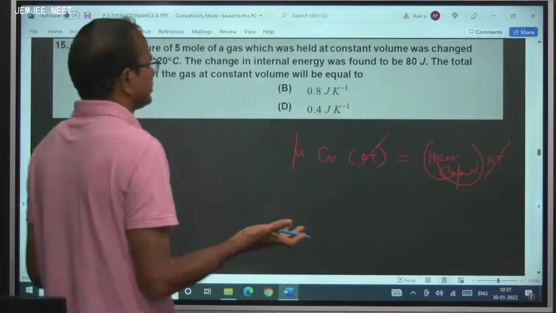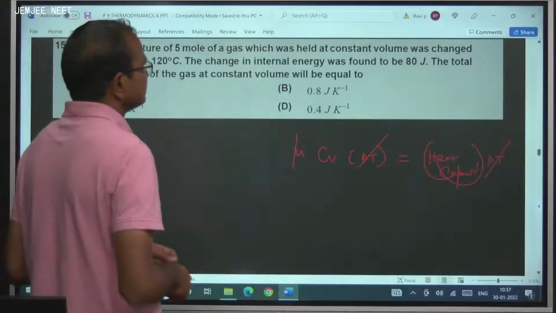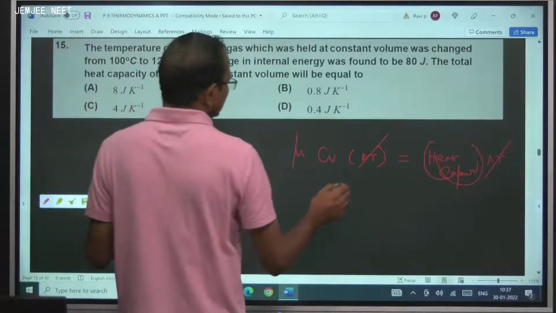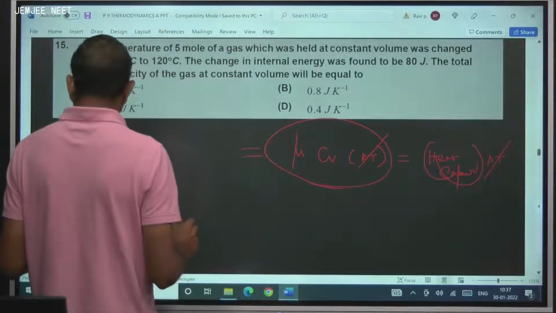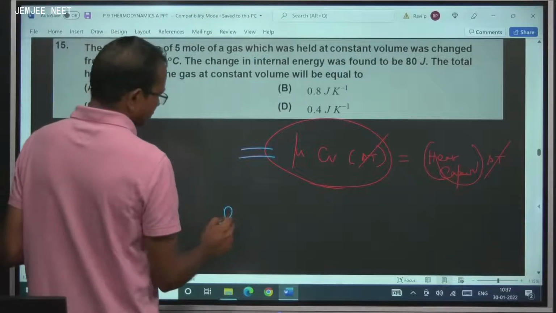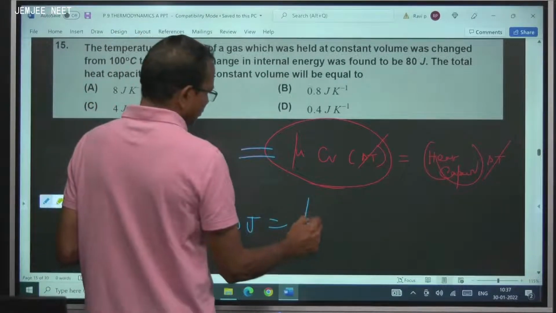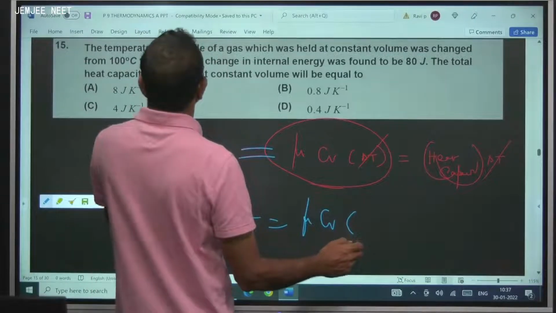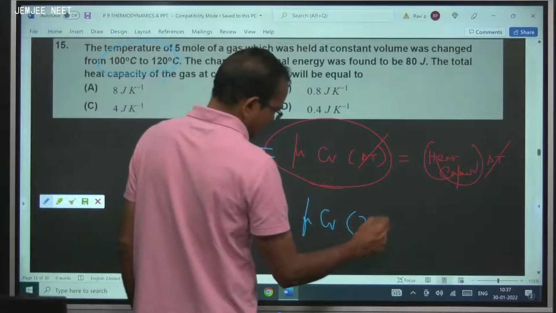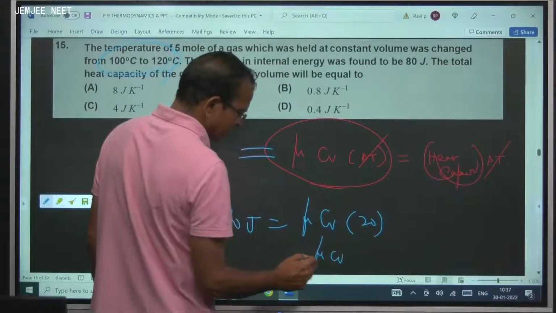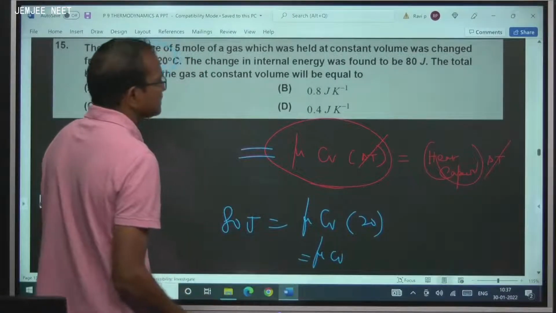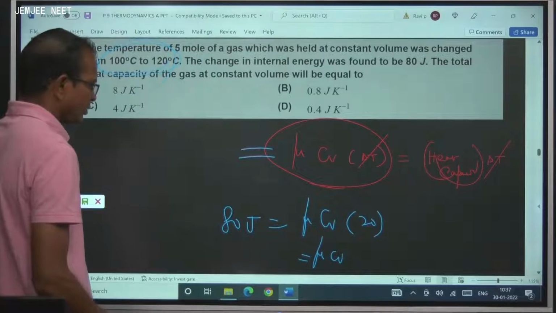அவ்வளோதாங்க, நீங்களே போட்டலாங்கண்ணே, இதில் ஒன்றுமே கிடையாதுமா. இப்போ முதல்ல இது கண்டுபிடிச்சிடுவோமா? This is given. இது எவ்வளோன்னு உங்களுக்கு கொடுத்துருக்காங்க சொல்லுங்கள் பார்க்கலாம். 80 ஜூல். மியூ சிவி டெல்டா டி எவ்வளோ கொடுத்தாங்க? டெல்டா டி எவ்வளோ கொடுத்தாங்க? 20. ஸோ மியூ சிவி ஈக்குவல் டு எவ்வளோ? 80 by 20.